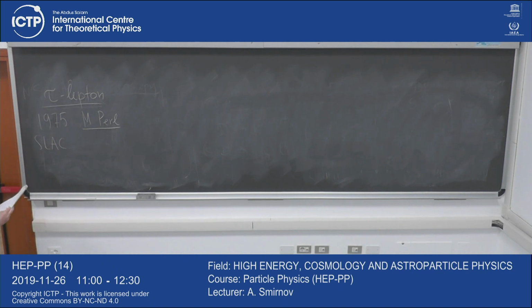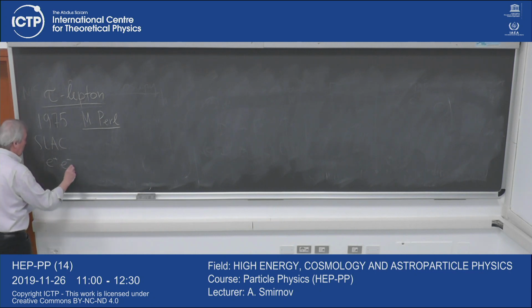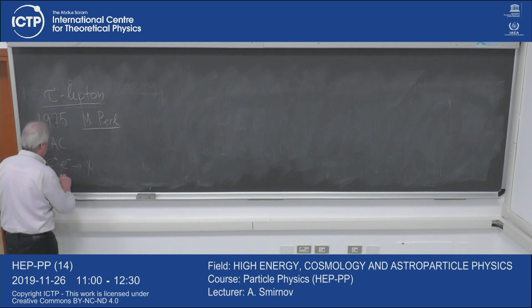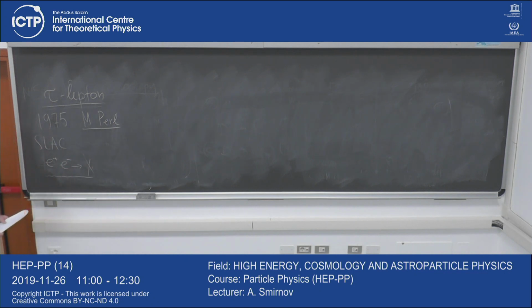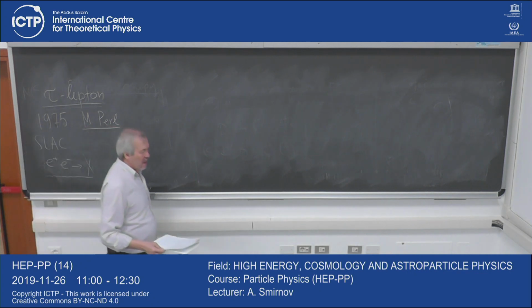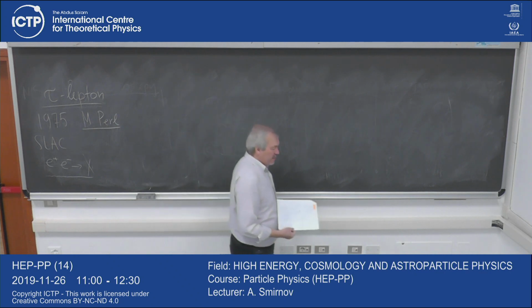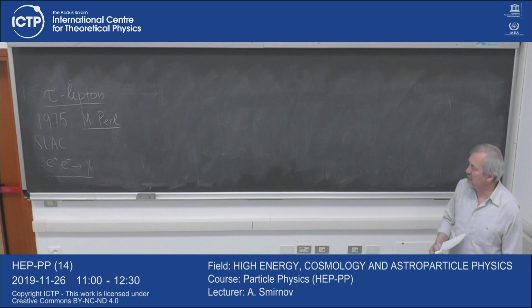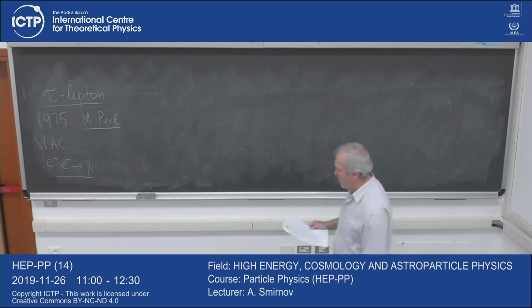He studied final states in e+ e- annihilation, and he studied the events which appear at different energies of the beams, which means different square root of s, the total energy in the center of mass.